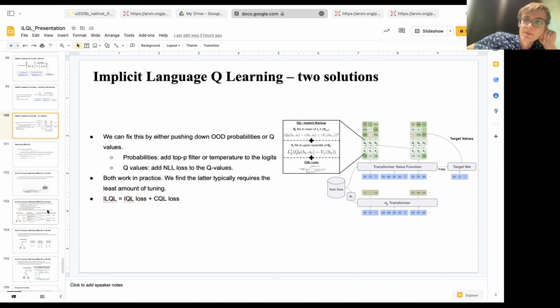So that's one hyperparameter you should probably tune. The CQL term doesn't need too much tuning in my experience. It works for a lot of reasonably small values. Those are the main hyperparameters, and then the beta term is an inference parameter, which is inherently easier to tune than training time parameters.